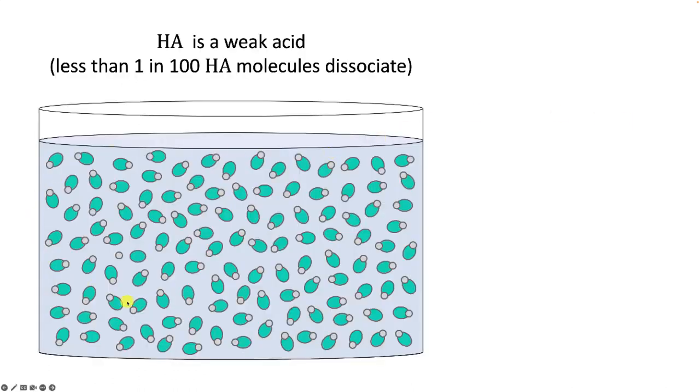If we look at a representation of weak acid, in this case HA, you'll notice that almost all of the molecules are not dissociated, but out of the more than 100 molecules depicted here, one is dissociated.